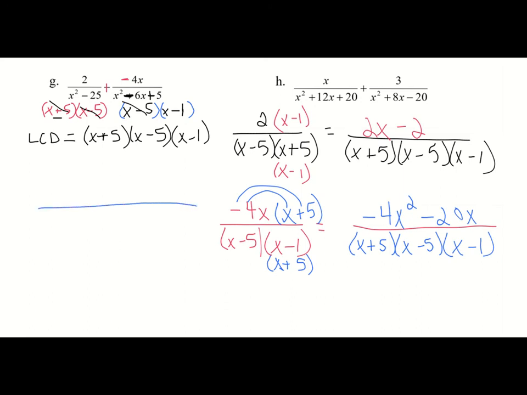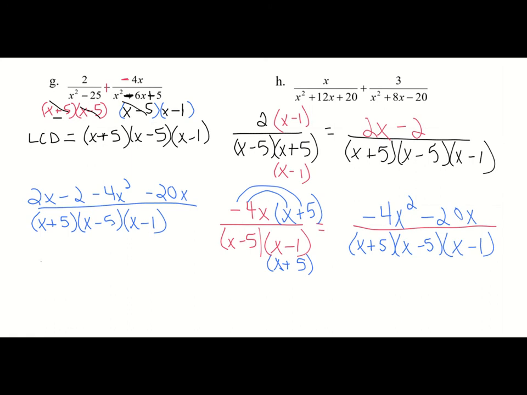So it is x plus 5, x minus 5, x minus 1, and we have 2x minus 2 minus 4x squared minus 20x. And we do need to simplify this. So I'm going to put it in descending order.